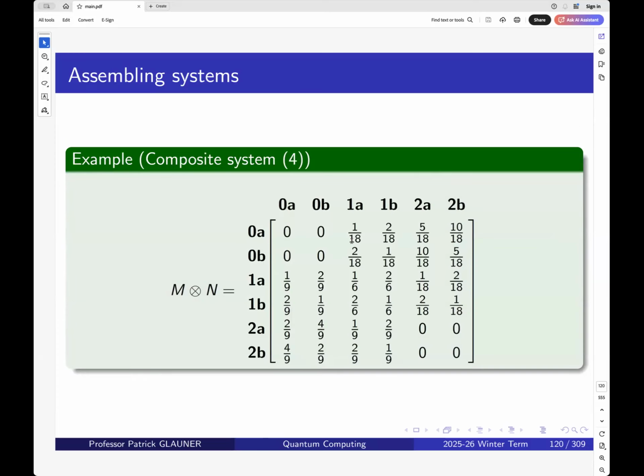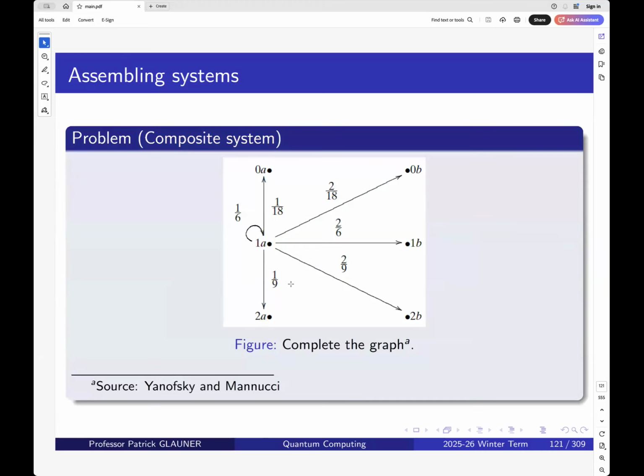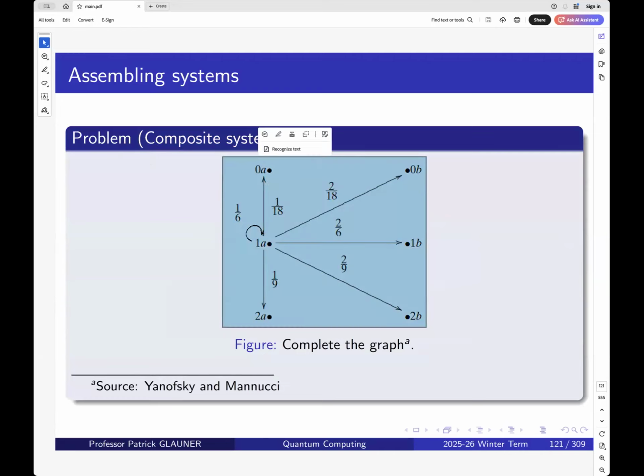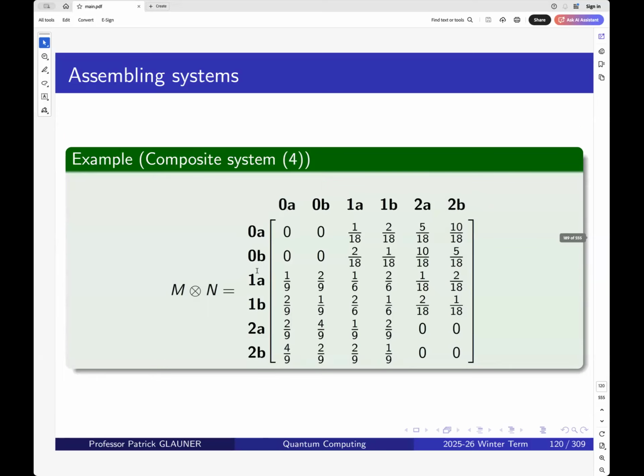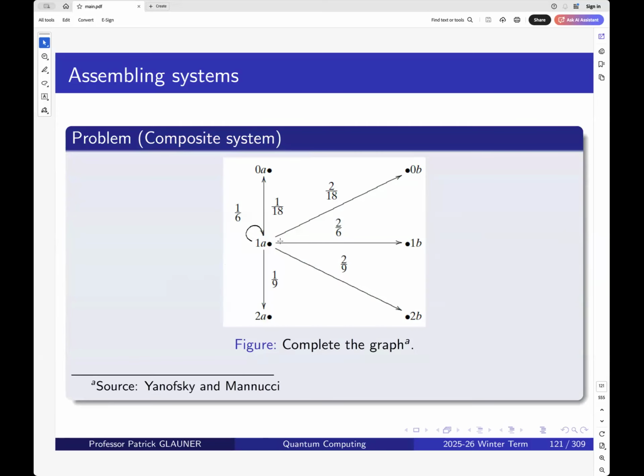And then we have this composite system here. So we have this 6 times 6 matrix, and you can try to visualize it. There's already part of this visualization here of this composite system, but your task at home would also be to take this one, look at the matrix from the page before, and complete this visualization.